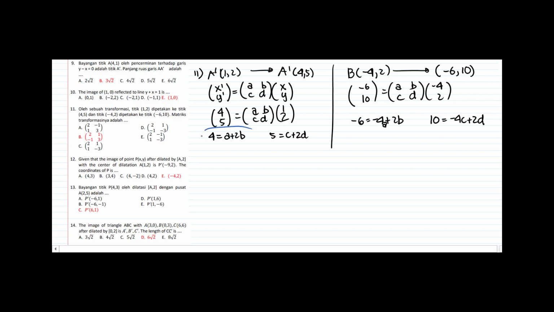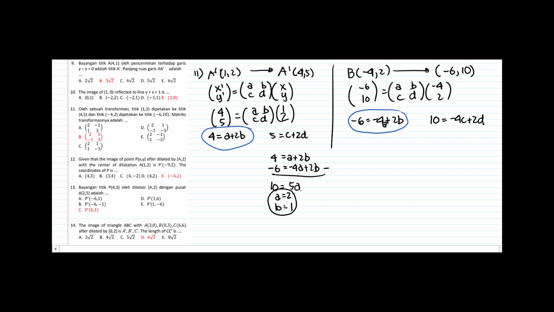So we have to eliminate this and this one. Since we have the same coefficient of B, we can directly eliminate by subtracting. Negative 10 equals negative 5A. So I have A equals 2 and then B equals 1.